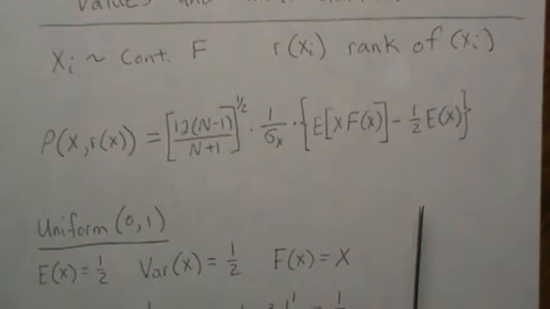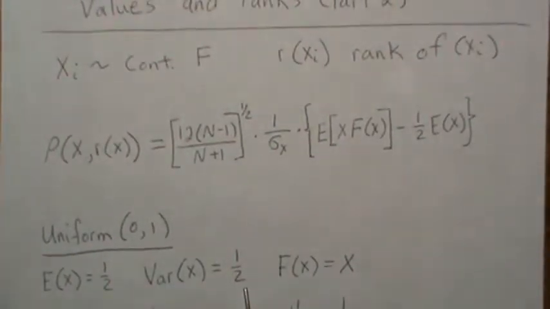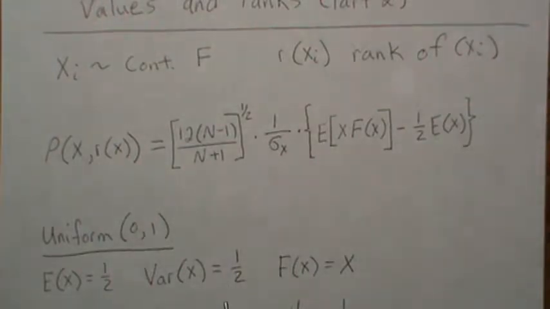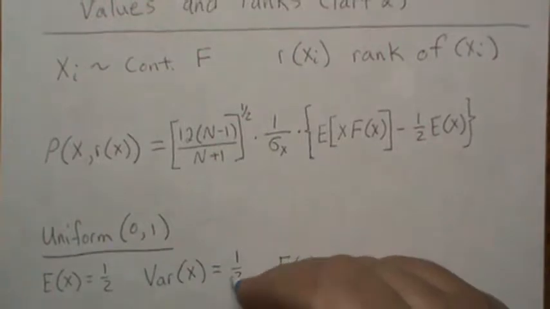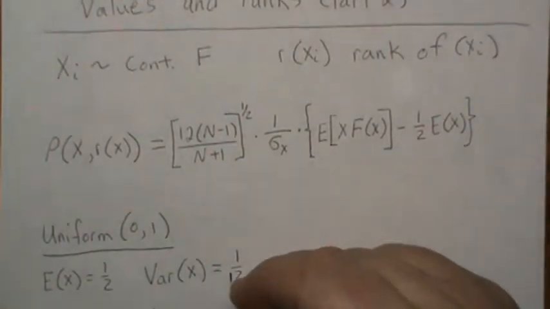For a uniform distribution, the mean is 1/2. The variance is 1/12 actually. And then the CDF, or the cumulative distribution function, is x.